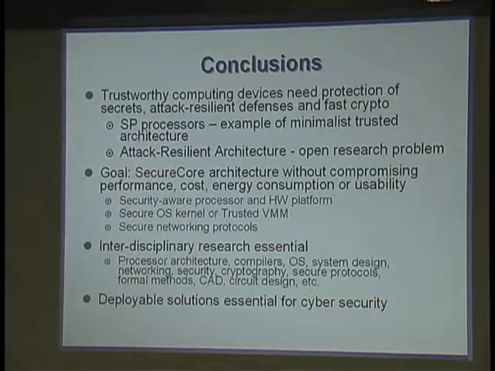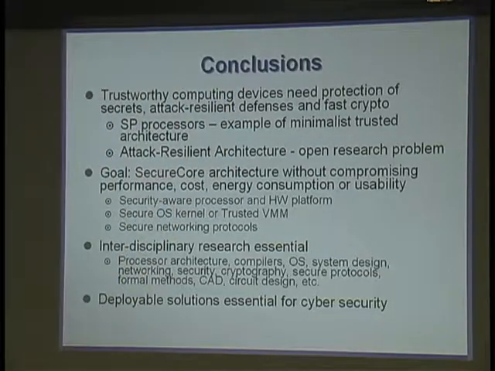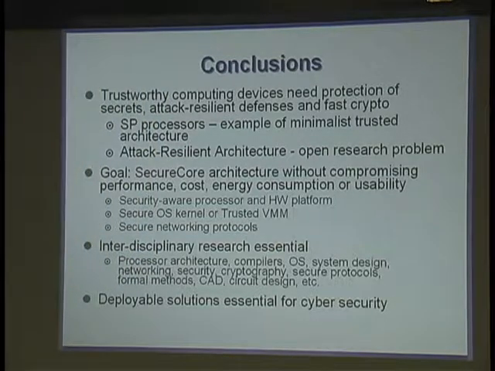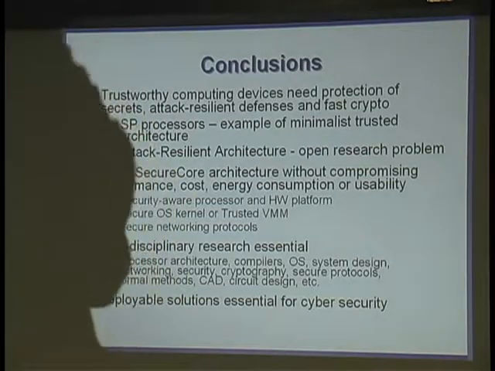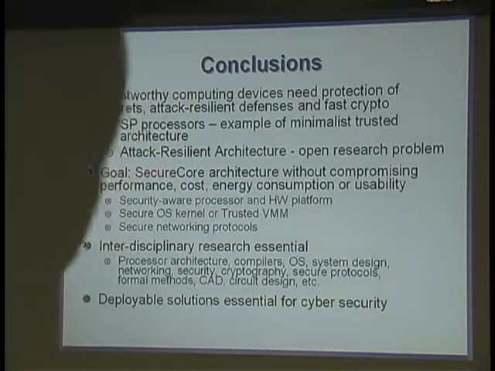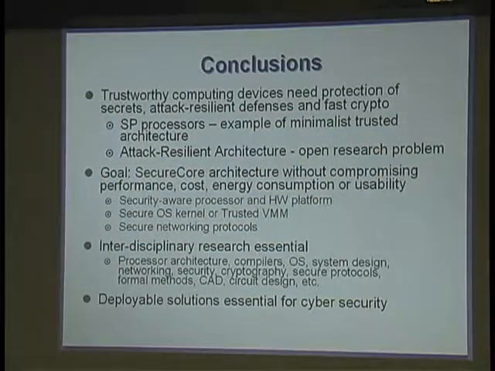As I mentioned, SecureCore is comprised of the security-aware processor and hardware, because it includes I/O, secure I/O, and the secure OS kernel and the secure networking protocols. I feel this is the core of each computing and communications device, and we need this not only in the secure military devices, but in all the commodity devices, because the commodity devices contribute to the security of cyberspace, and also because of dual use by military of commodity products.